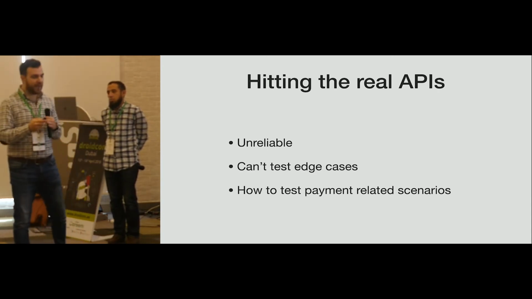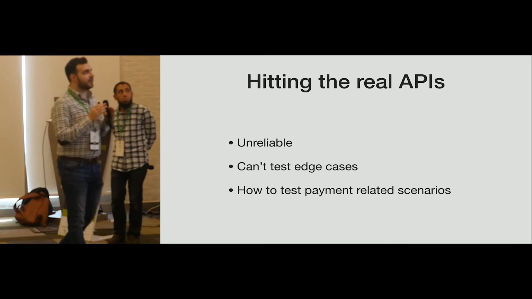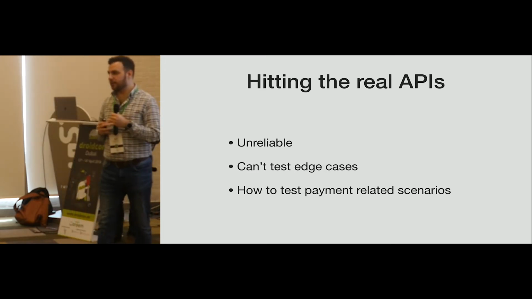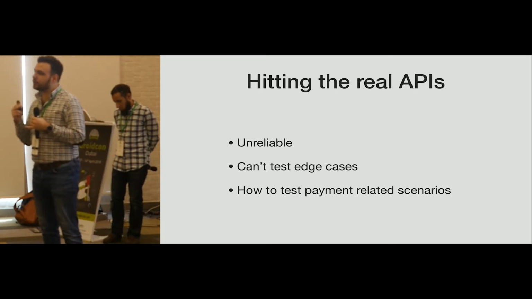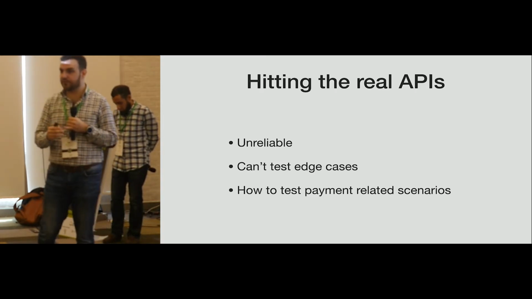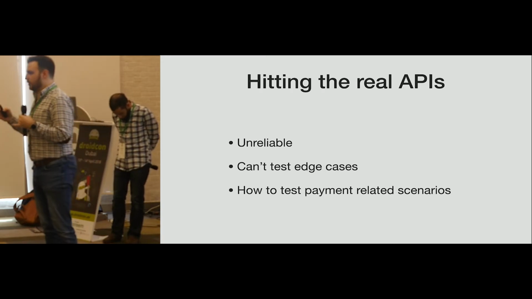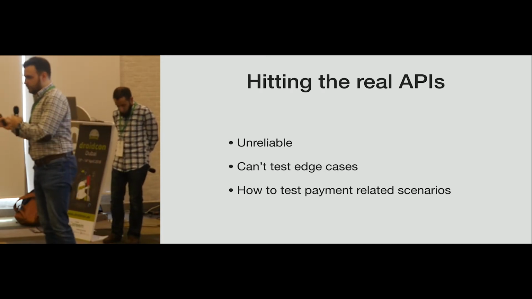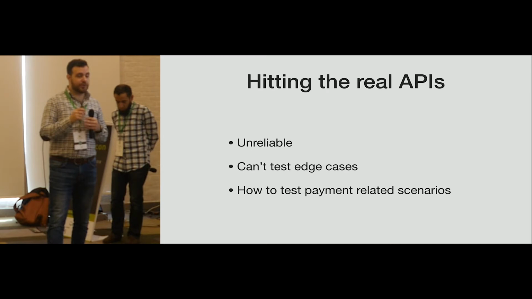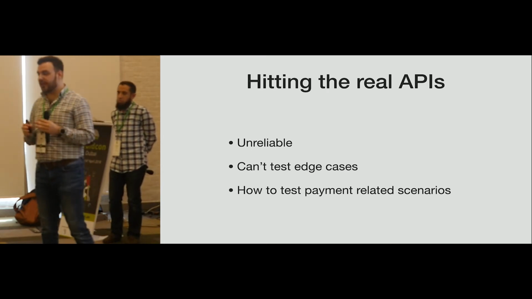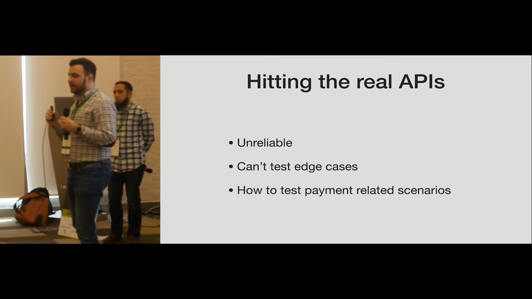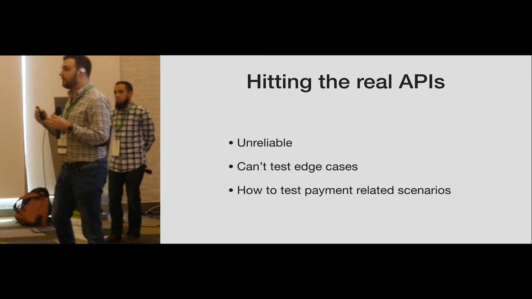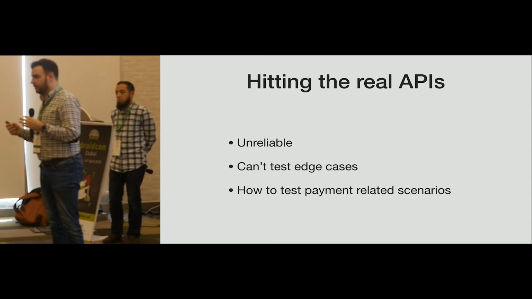So if we write our Espresso tests to hit our real APIs, one, they're flaky or unreliable because there are a lot of external factors that might cause our test to fail while our code is actually correct. Also, you cannot really test some edge cases or very hard to reproduce scenarios, or even things like your server throwing a 400 or a 500 HTTP error.